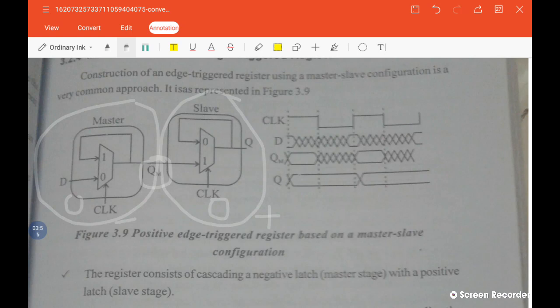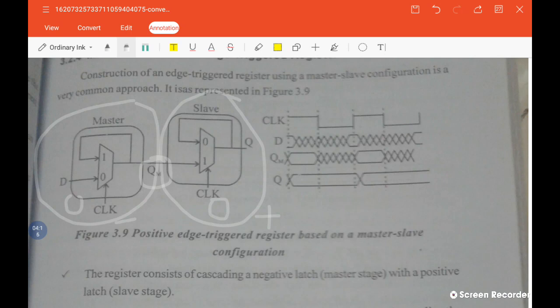So when the clock is low, we'll see both the latches' operation. The master latch is in transparent mode, it passes the data, it copies the data D to QM. At the same time, the slave latch is in hold mode because it is a positive latch.